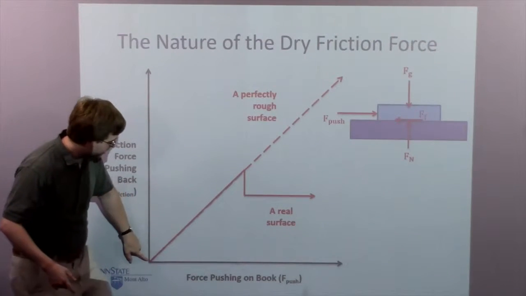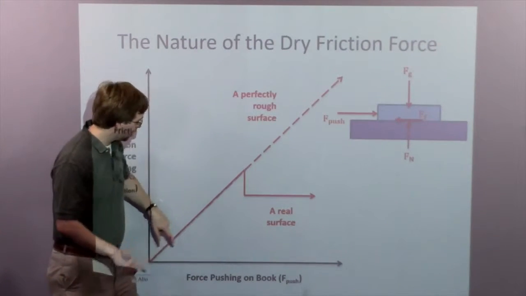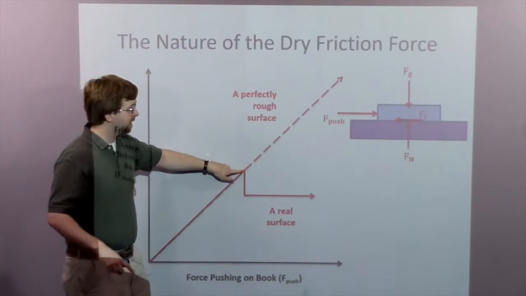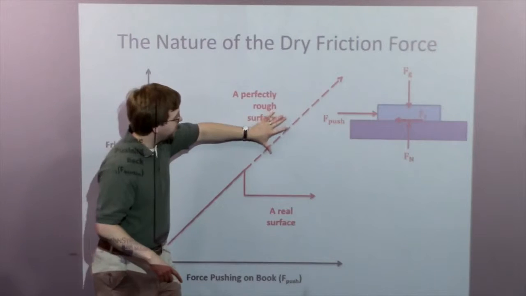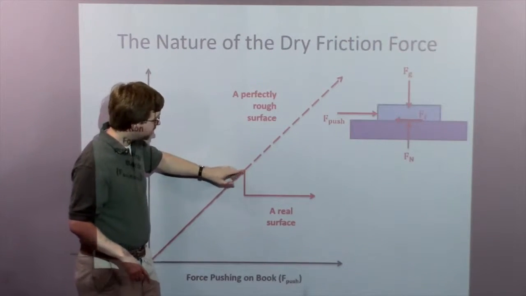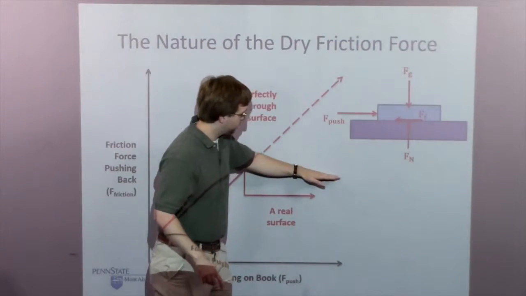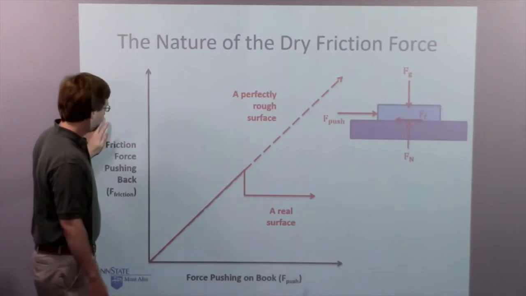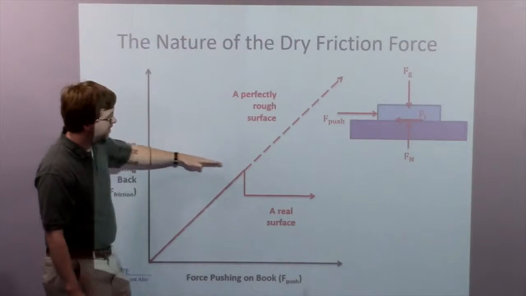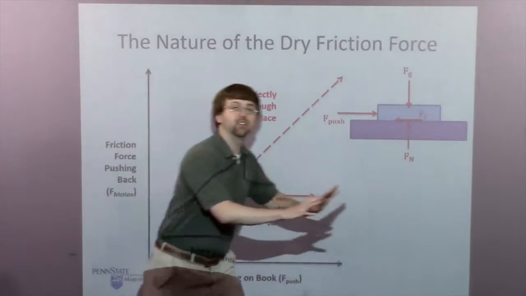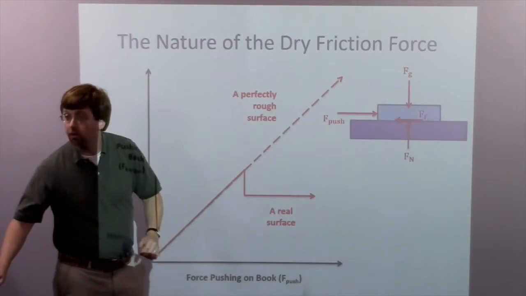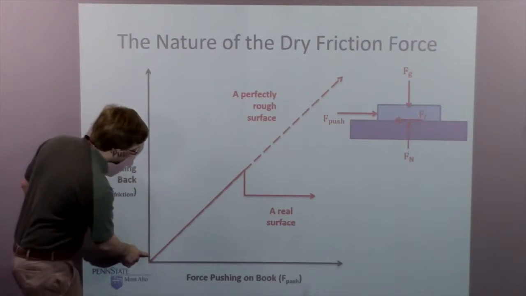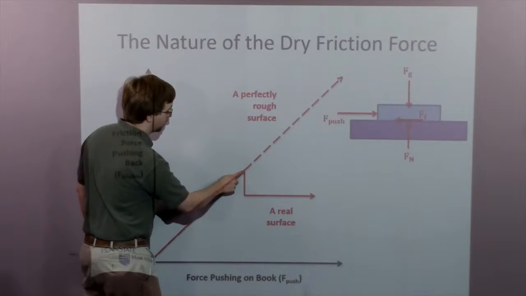What's going to happen is we're going to push harder and harder, and it's going to go further and further up this line. At some point, it'll start to slip. And so we deviate from this line, and the pushing force becomes greater than the friction force pushing back. And so when that occurs, it'll start to actually slide. So we're going to divide this graph into three sections. We've got this first section where it's a one-to-one ratio.